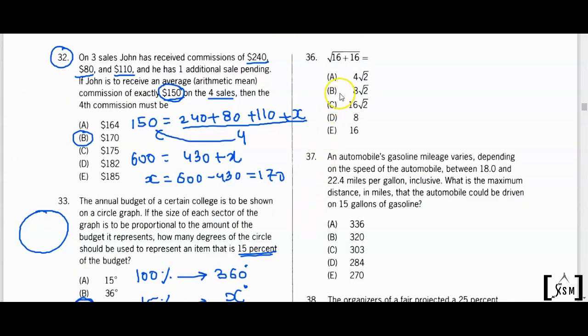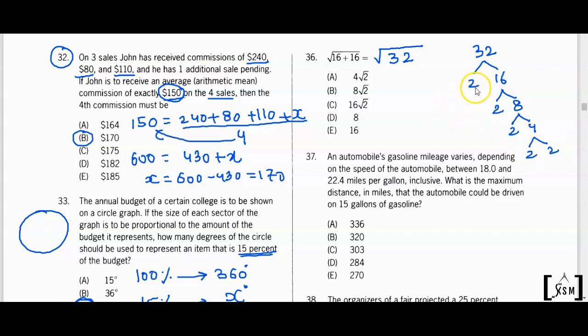Square root of 16 plus square root of 16. So basically it is just square root of 32, and we know how to solve square roots. We'll factorize 32: 2 times 16, and 16 is 2 times 8, further factorized 2 times 4, and further 2 times 2.